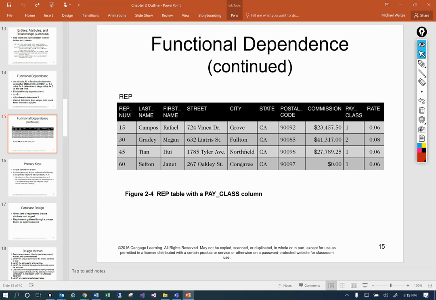So in this example, we're talking about functional dependency. Believe it or not, this column cannot exist without this column.